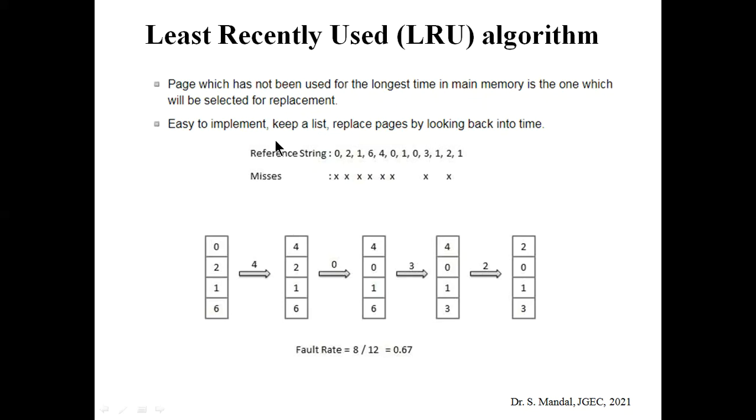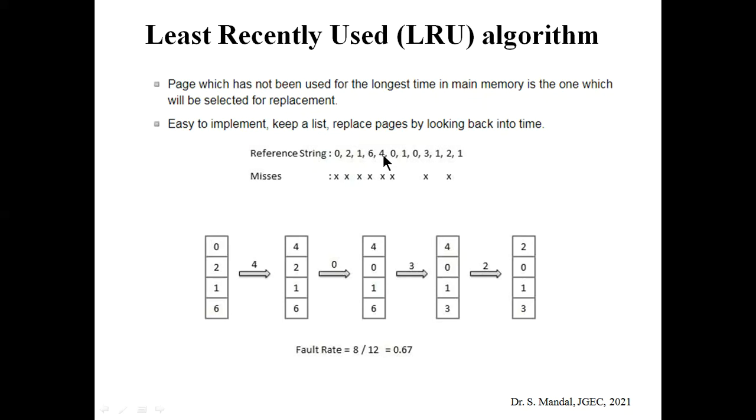So let's see, this is for the same reference string: 0 2 1 6 4 0 1 0 3 1 1 2 1. Initially 0, 2, 1, 6 will be gradually loaded into the main memory, and the respective faults are noted using crosses.